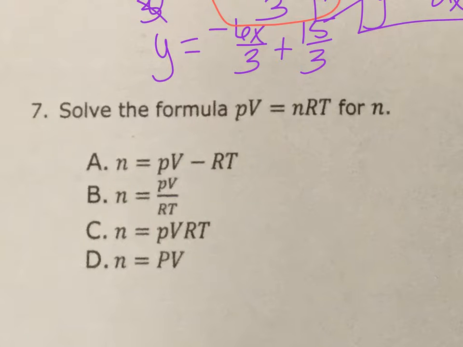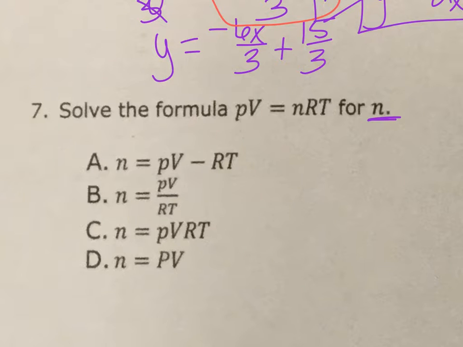This one, if you look at this, you need to think about what's being done to the variable before we can start undoing. So I'm solving for n. So this formula, whatever it's for, is P times capital V equals N times R times T. So the only thing I've talked about is multiplication.